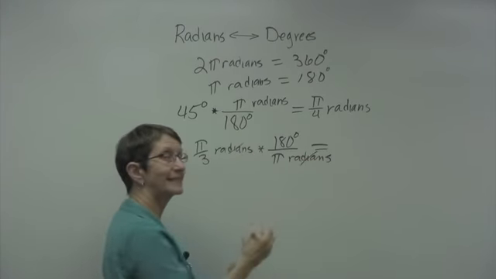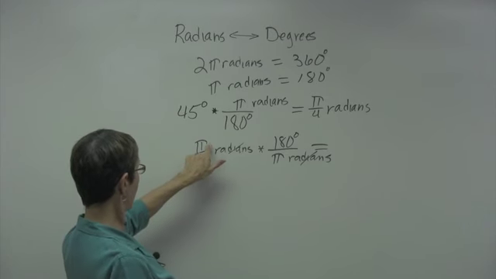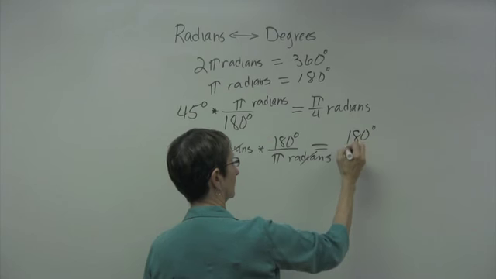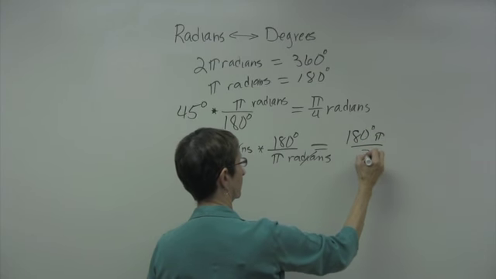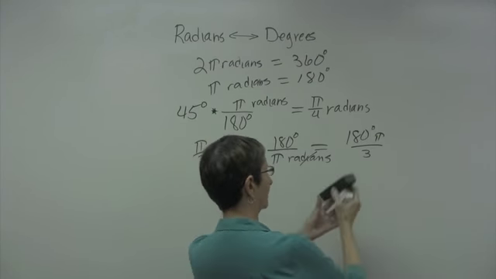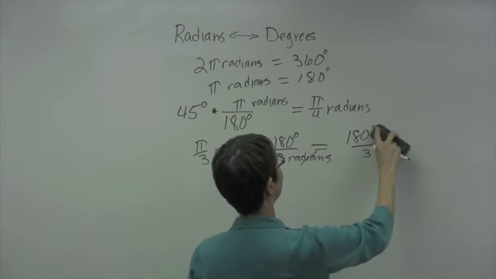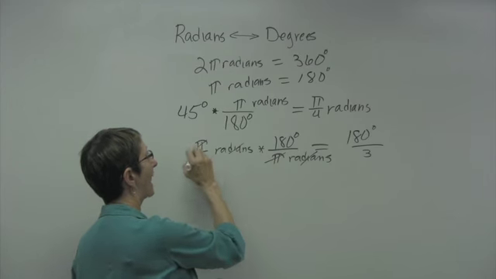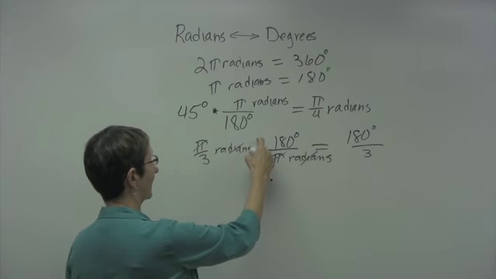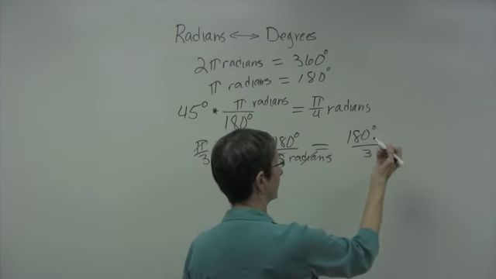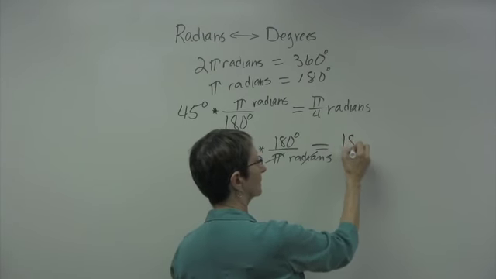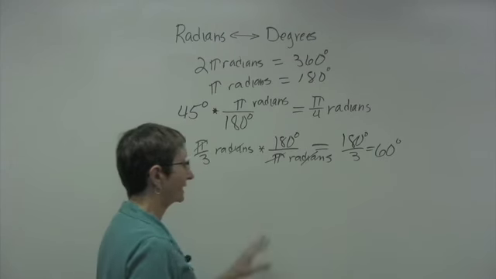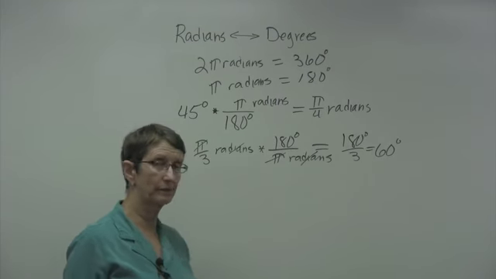The radian units cancel, and so do my pi's. So all I have is 180 degrees over 3, which gives me an angle of 60 degrees. So a 60-degree angle is the same as pi over 3 radians.